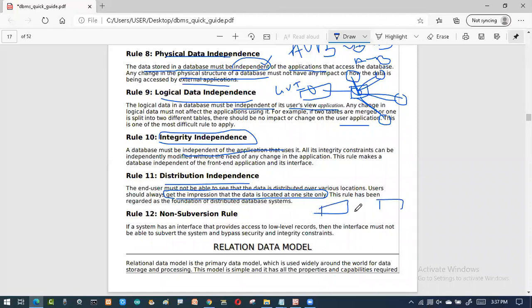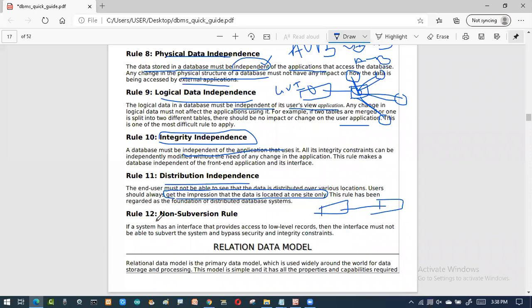It is like the hotel example: you order food, and the person is getting the food from the kitchen, the Bawarchi, or from a different hotel. We are not bothered where he gets it from; we know it has been made in that particular hotel. We are not supposed to say where the food is coming from, so we do not reveal it to the user.